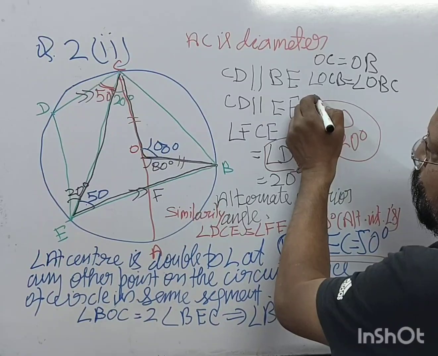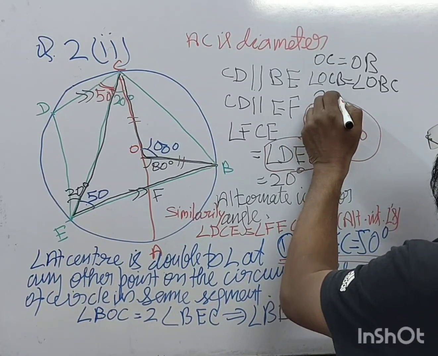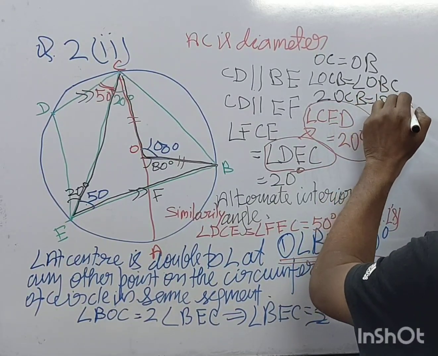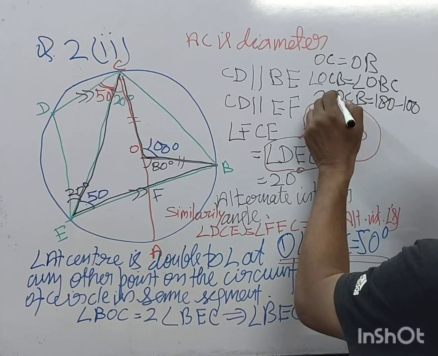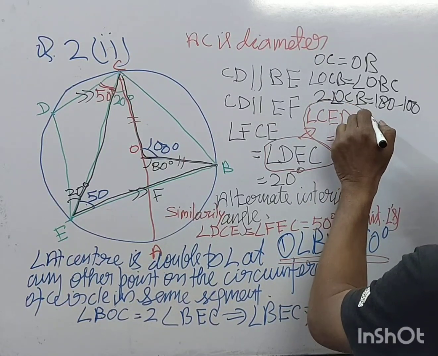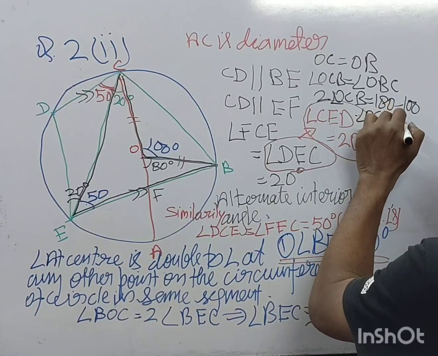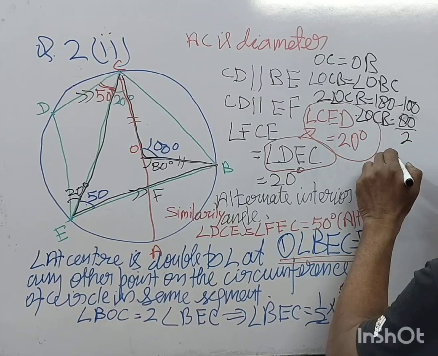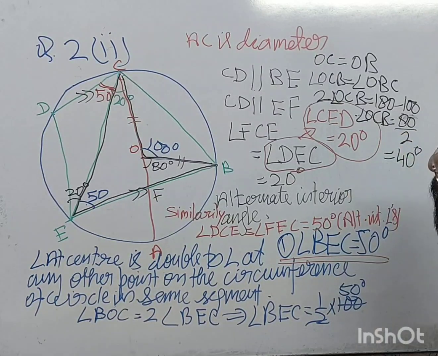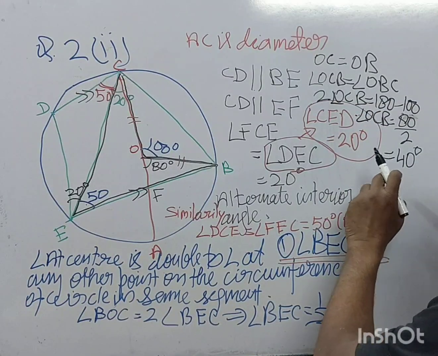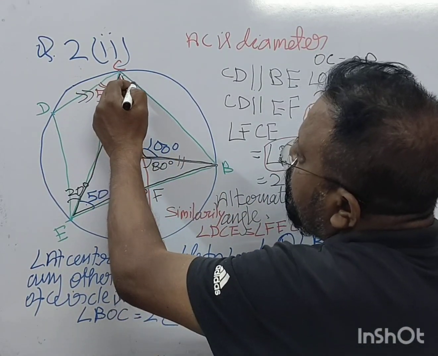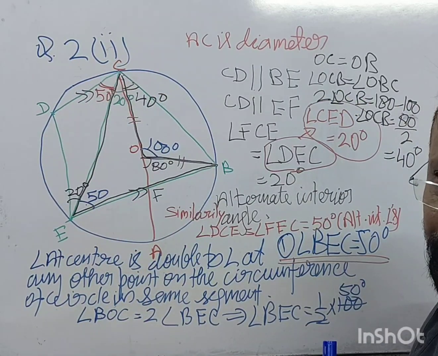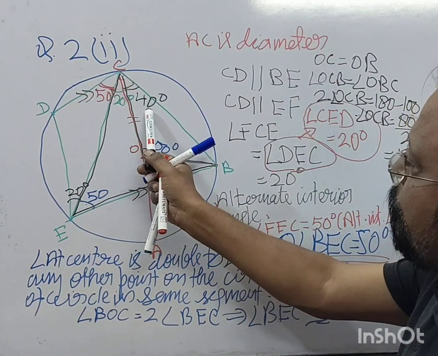So हम लिख सकते हैं 2 angle OCB is equal to 180 minus 100, तो angle OCB is equal to 80 by 2, becomes 40 degrees. So angle OCB is 40 degrees, right? Do you get it?